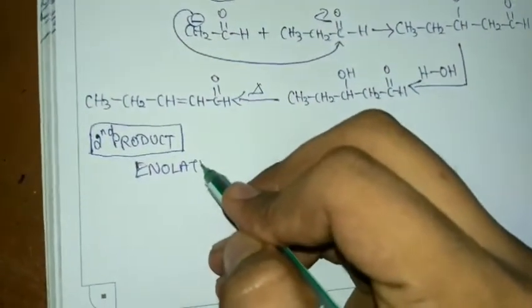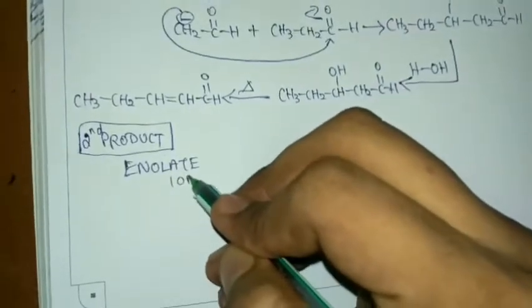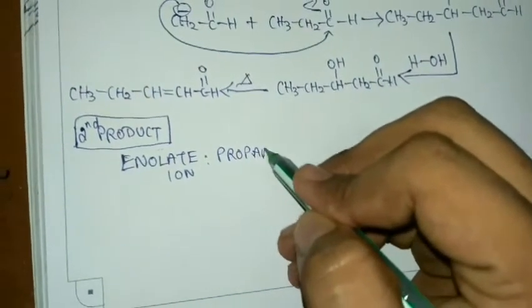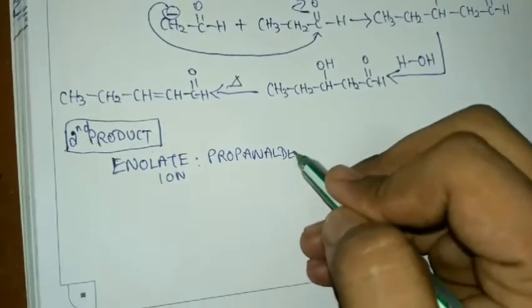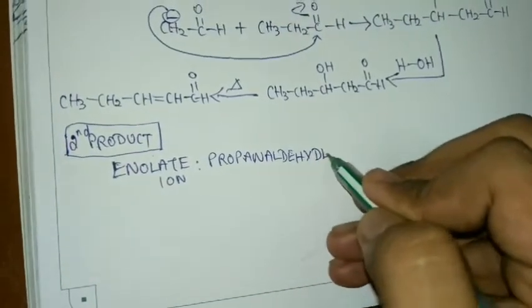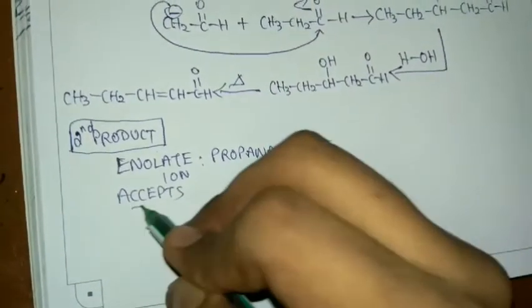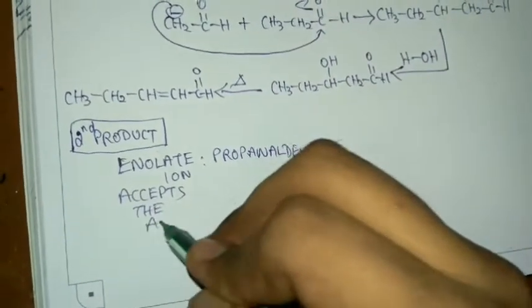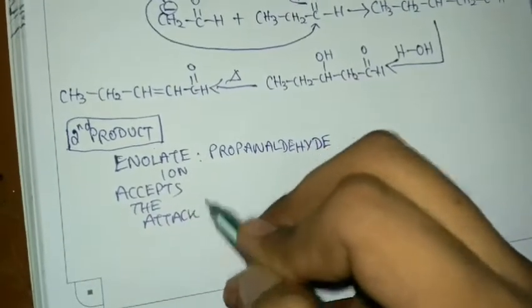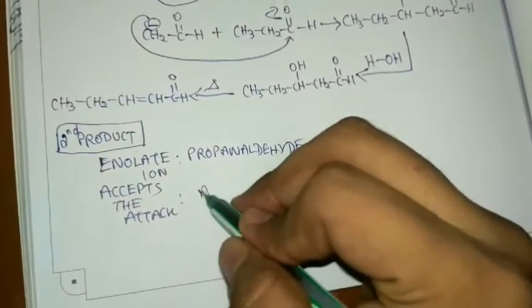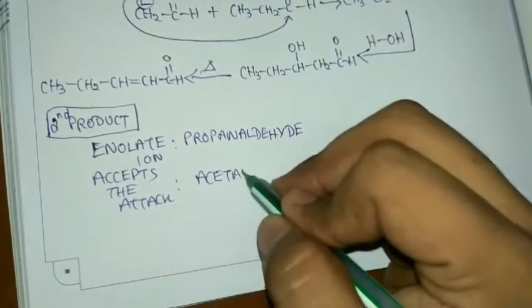the enolate ion is of propanaldehyde, and it accepts the attack, the acceptor is the acetaldehyde.